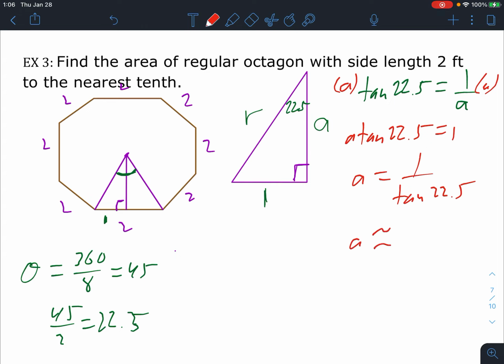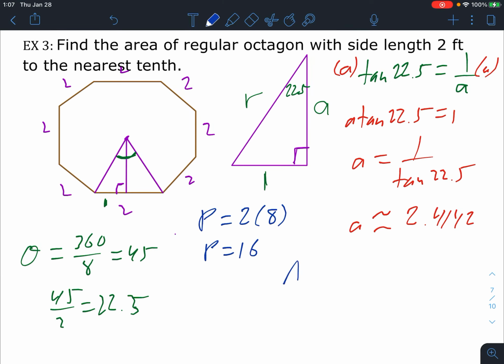So a is approximately 2.4142. So we have our apothem. We pretty much have our perimeter, because remember the side length was 2 and there's 8 sides. So our perimeter is 16. So we have everything we need.